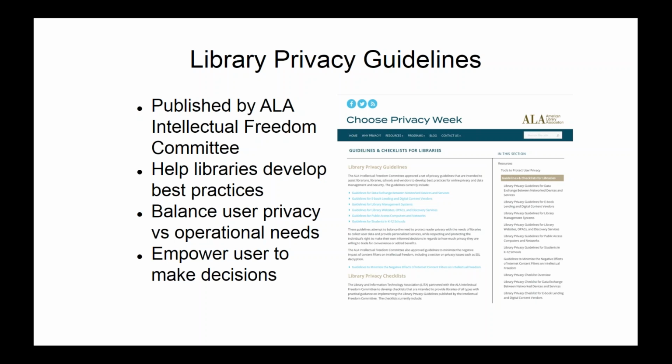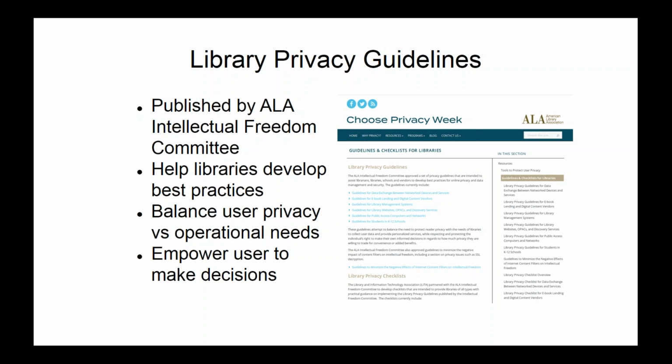And we really wanted to make sure that we put in the focus Deborah touched on earlier about balancing user privacy against the operational needs of the library. On one extreme would be absolute privacy, where everything about the patron is almost unknown, and the other extreme is you could know everything about the user.